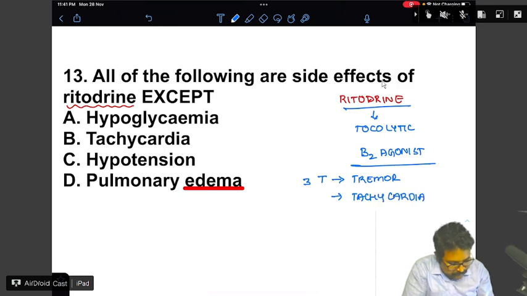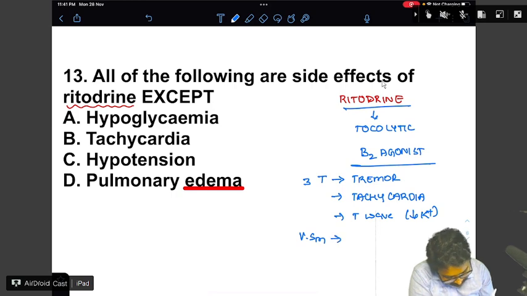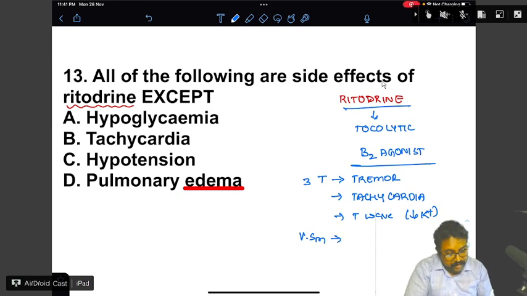tachycardia. It can cause T wave changes due to hypokalemia, and also due to the beta 2 agonist action on the vascular smooth muscles, it can lead to relaxation whenever beta 2 is stimulated.